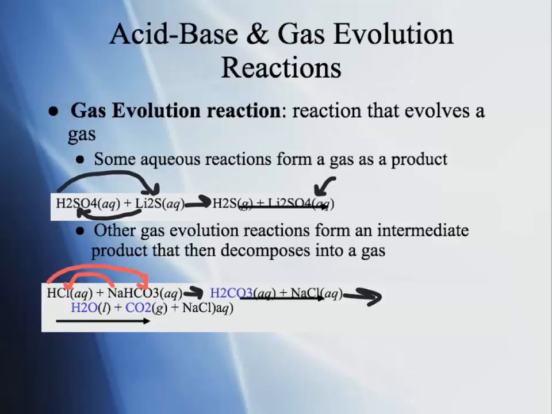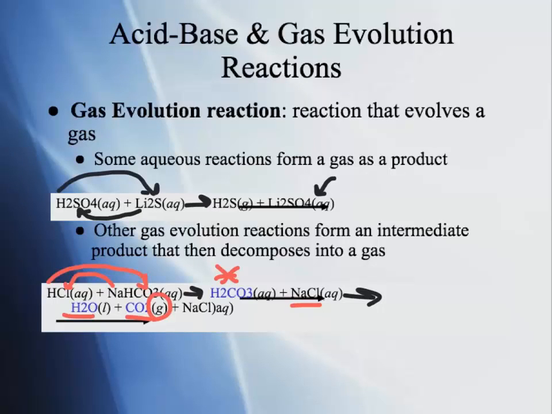We're going to have sodium chloride, sodium dropping HCO3 to hook up with chlorine, and then the H going with the HCO3 to make H2CO3. But this is our intermediate. This guy is unstable. H2CO3 is unstable. And so what happens is that it basically breaks apart into water and carbon dioxide. And carbon dioxide is our gas here.